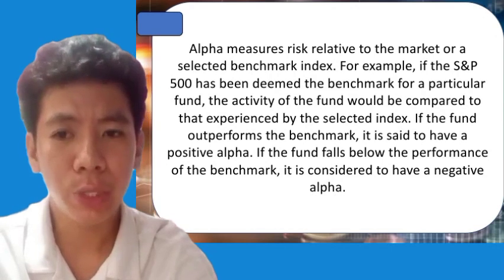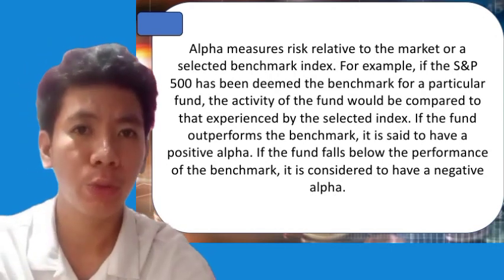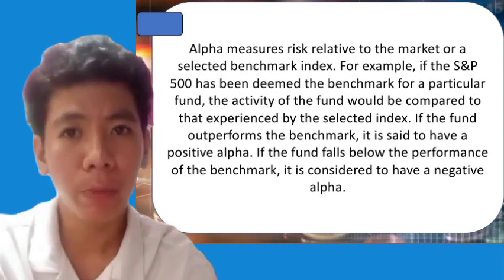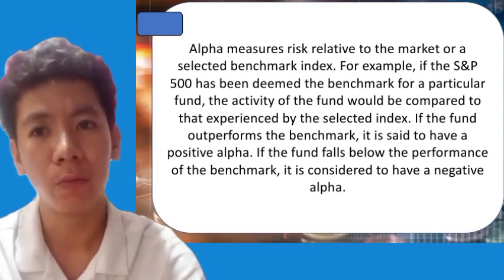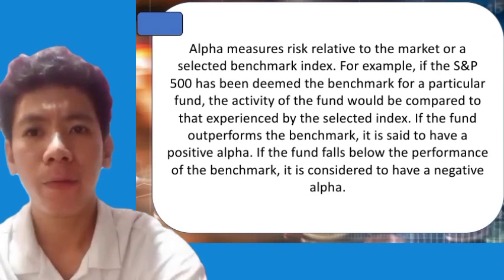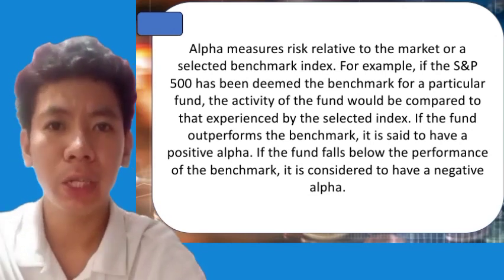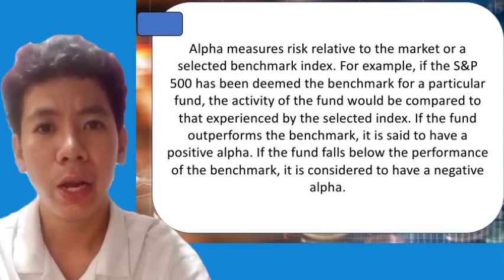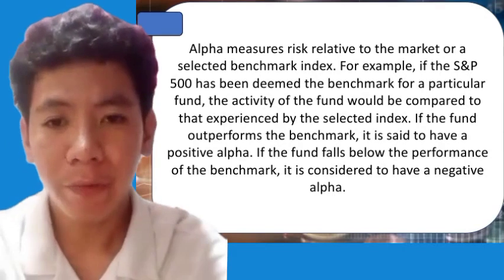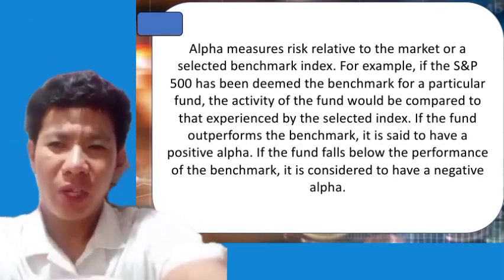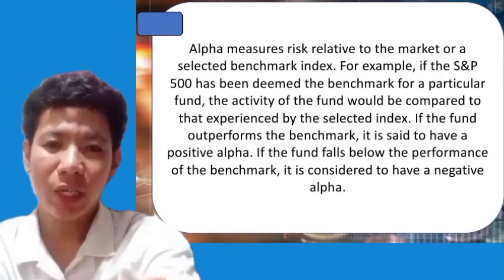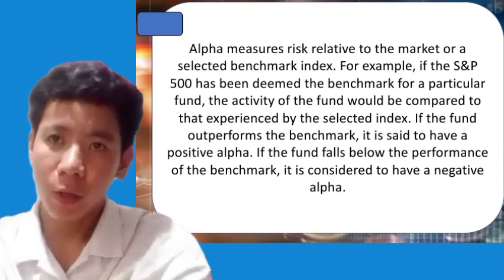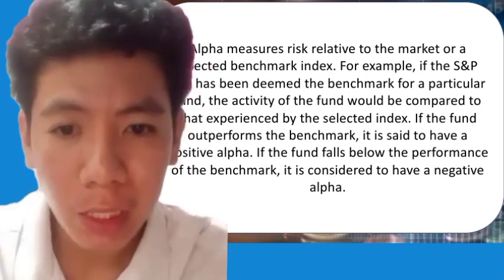Jensen measure is one of the ways to determine if a portfolio is earning the proper return for its level of risk. If the value is positive, then the portfolio is earning excess return. In other words, a positive value for Jensen alpha means a fund's manager has beaten the market with their stock-picking skills.